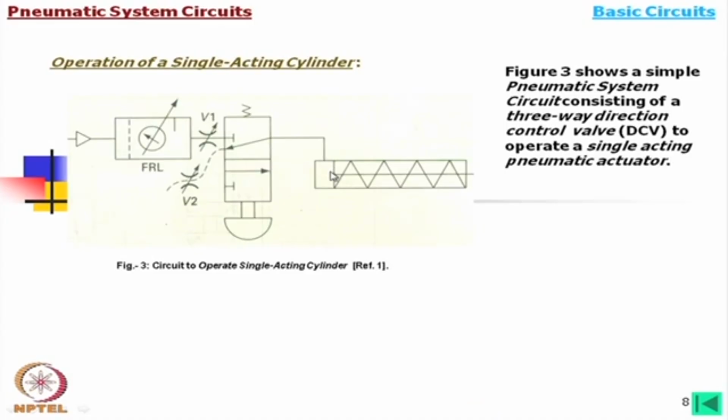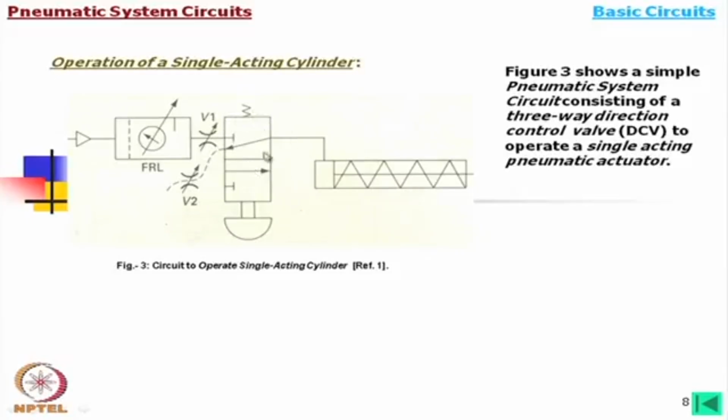If any pressure is trapped on this side, then it will not return. We have to release this air completely, and then due to the spring release, it will return to its original position.